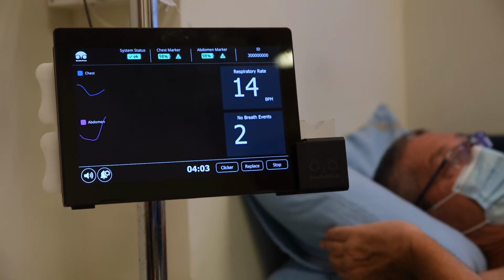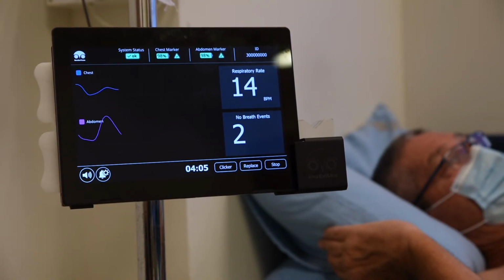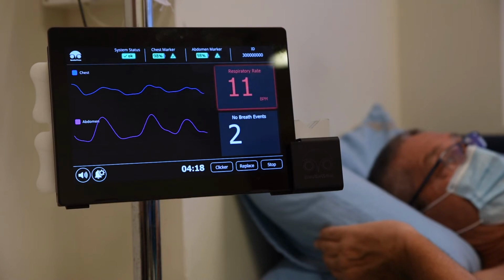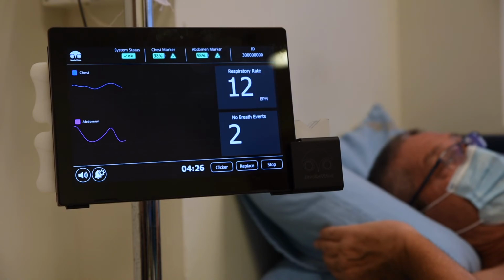Slowly the respiratory rate comes down. Now we see a predefined setting that when the patient drops lower than 12 breaths per minute, it shows up in red. Respiratory rate was 11, and now the patient's gone back to normal breathing.